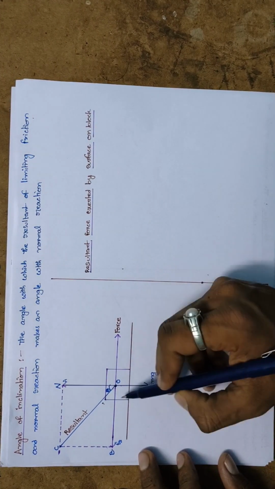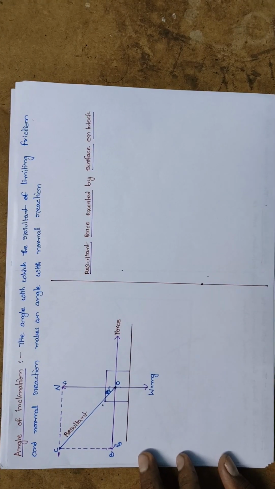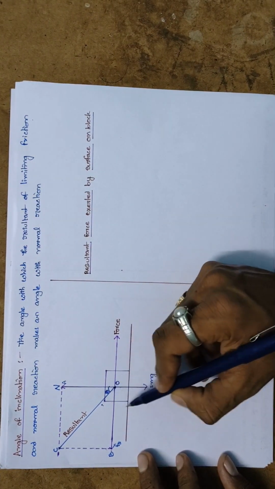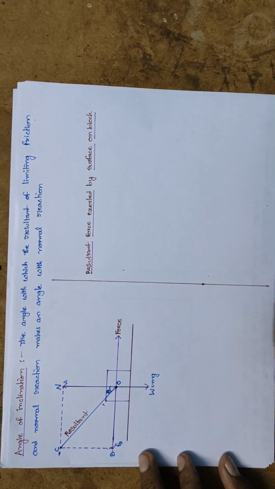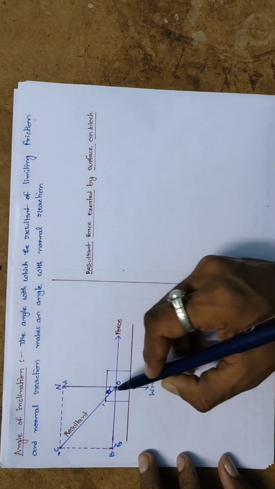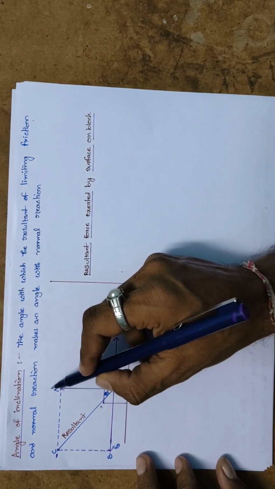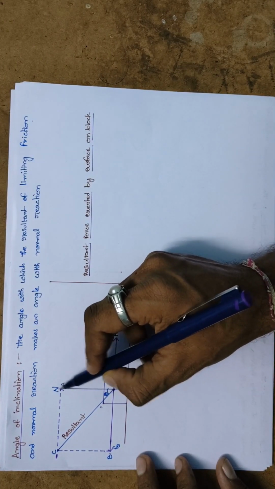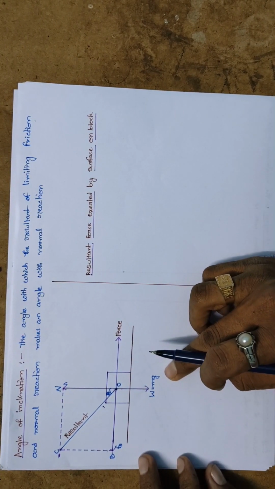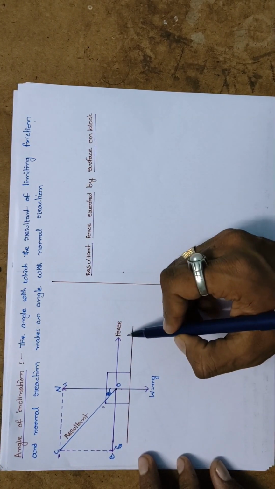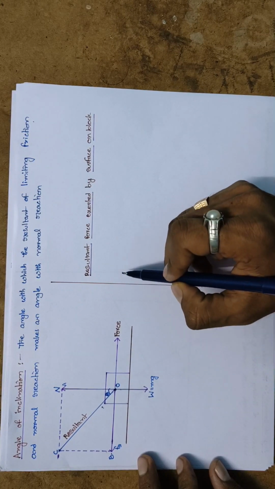Coming to the explanation part, let us assume this is the object which is initially at rest. Whenever the object is at rest, the total weight mg acts vertically downward, and this weight is exactly balanced by a normal reaction acting upward. So normal reaction is balanced by mg, isn't it? Now I apply some external force along the positive x-axis direction.